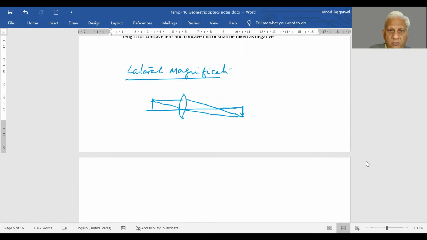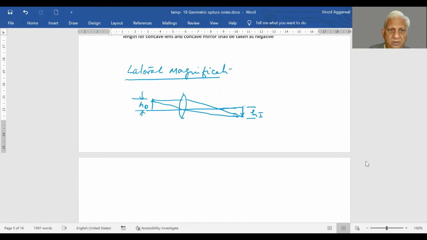Then we want to know, if the object is of height h0, what is the height h1 of our image? Obviously, the more the height of h1 compared to h0, we will say that this image is magnified.